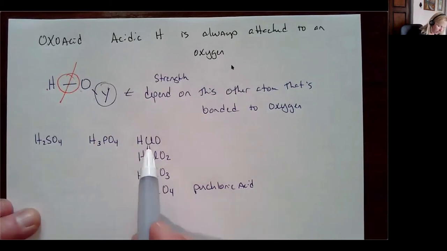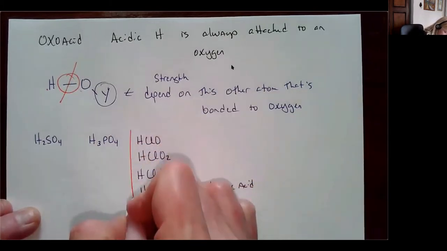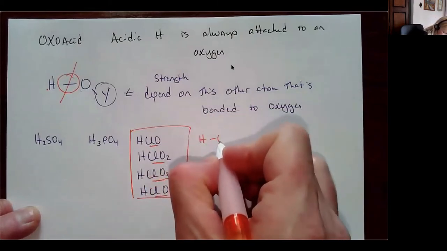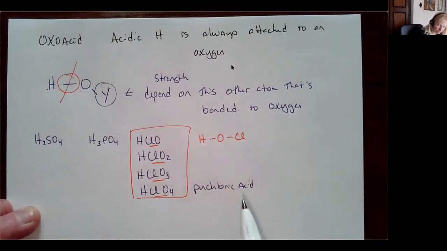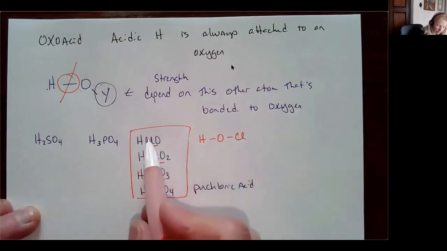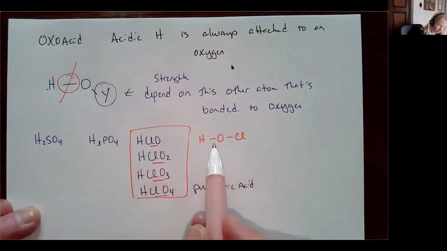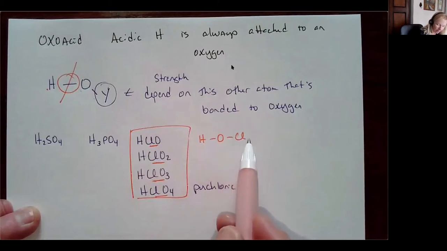Even though it's written this way, what this really means is, if I look at the series here, this is the polyatomic ion, and the polyatomic ions are written this way. But really the structure is hydrogen bound to oxygen bound to chlorine. So in these, even though oxygen isn't written directly beside hydrogen, this is the structure. This is the bond that I'm breaking. This is my atom Y here.